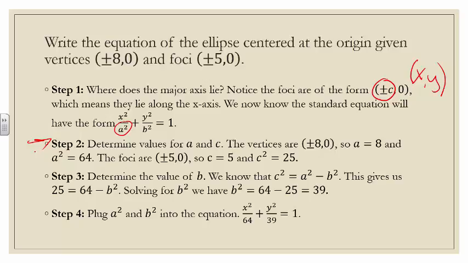We now know that b squared equals 39. We've found the b squared portion of this equation. We're going to plug that in step 4, and we get the resulting equation: x squared over 64, that was our a squared, plus y squared over 39, our b squared, equals 1.